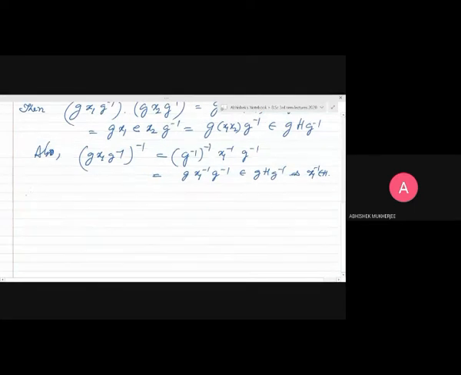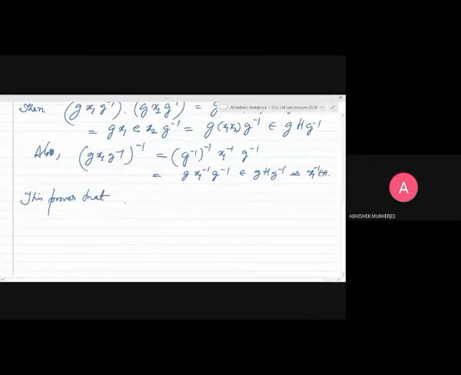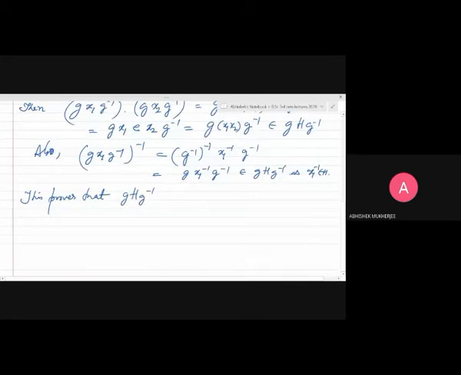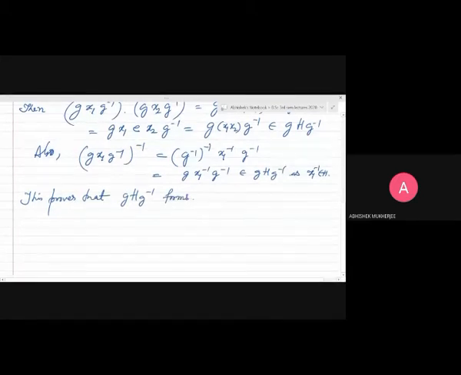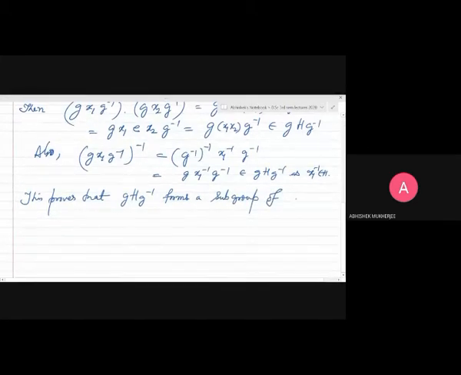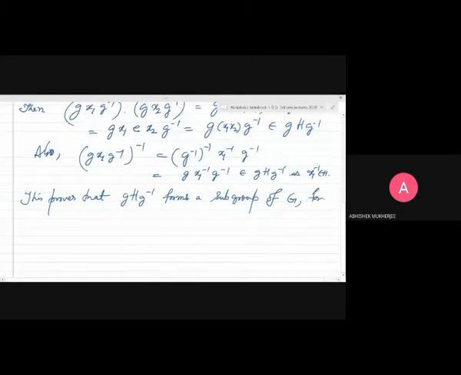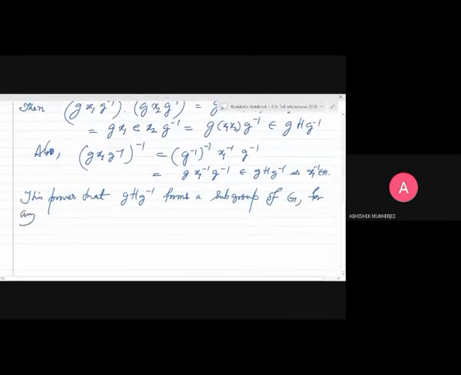So this proves that G H G inverse forms a subgroup of G for any small g belonging to capital G, right?